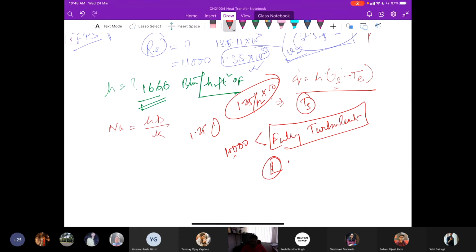The entrance length we take as 10 times d, and we see that this 10 times d is a very negligible value compared to the length that is being used for this operation. Once this is satisfied, we call it fully developed turbulent flow.